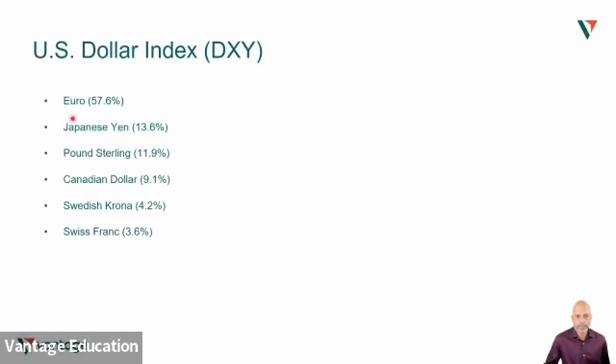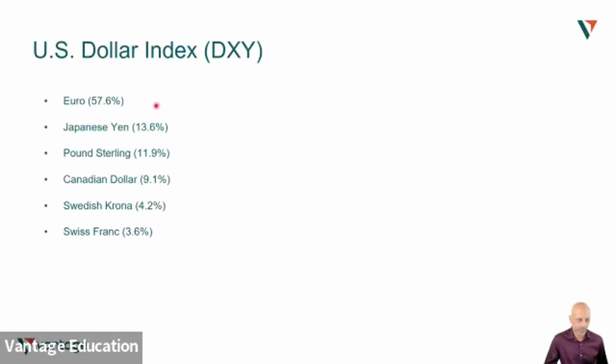So we can see here the euro makes up nearly 58%. The yen makes up nearly 14%. So you can see here just these two currencies alone make up nearly 72% of the entire basket. And what this also tells us is if we see the dollar index rising very sharply, not only does it indicate that there's a very high demand for the US dollar, it also means that the euro and yen are selling off very aggressively as well.